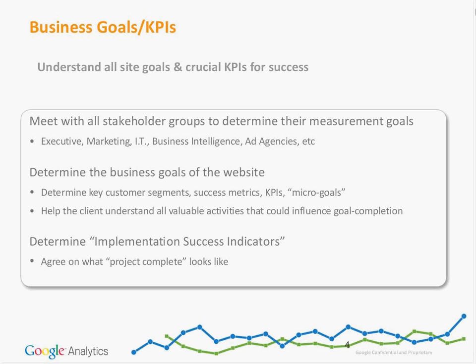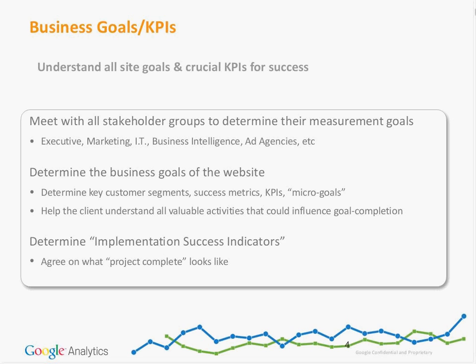So you do this by meeting with various business groups and determining, what do they need the website to do for them? What do they need to know that the website is doing or not doing in order to gauge their own success? Lay those out, and you lay out all of the things that influence the success in that process, right? So if you're going to be determining key performance indicators and you're going to have some sort of conversion rate for that, it's important to know, well, for everybody who didn't convert, what were they doing?